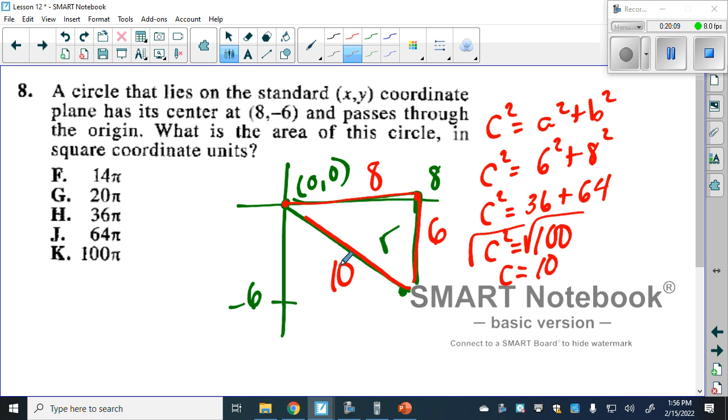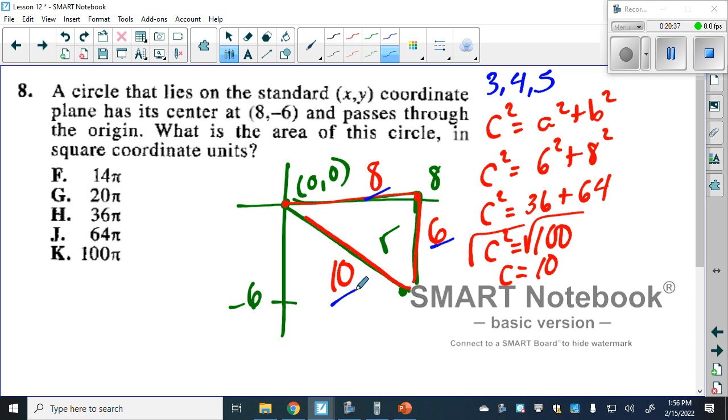One of the most popular Pythagorean triples that they like to use, if you all remember what it is, 3, 4, 5. Well, if I multiply 3 by 2, I get 6, 4 by 2 is 8, and 5 times 2 is 10. They really like to use 3, 4, 5.